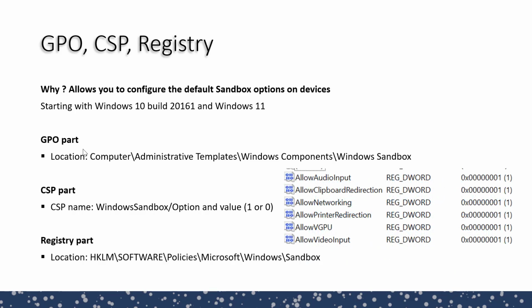And with registry, the registry part is located in HKEY local machine, software, policies, Microsoft, Windows Sandbox, and set the appropriate registry key, DWORD key to 1 or 0. Name of the registry DWORD key is allow audio input, allow networking, etc. Same as before.